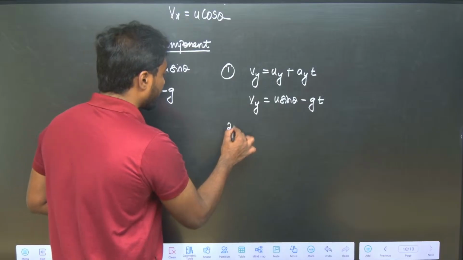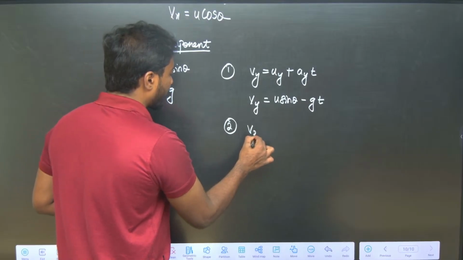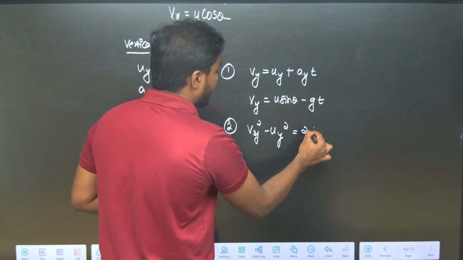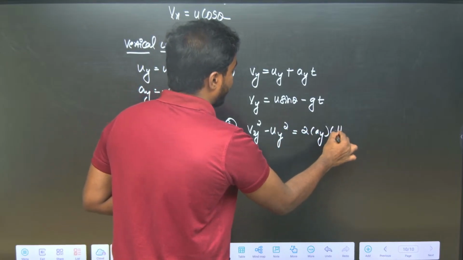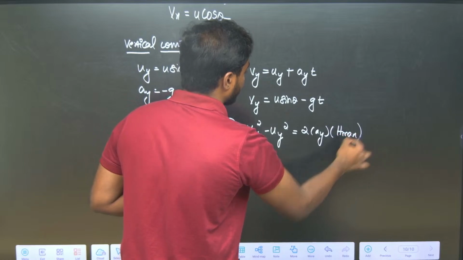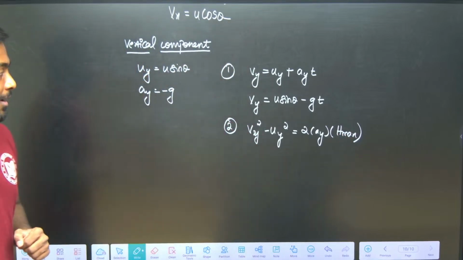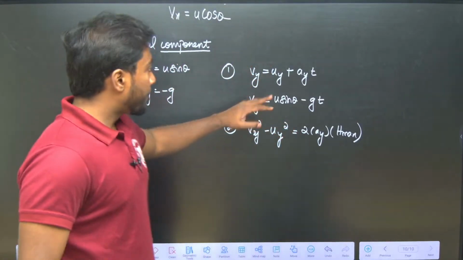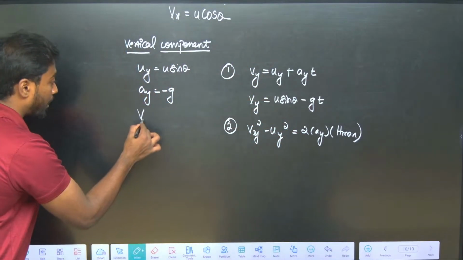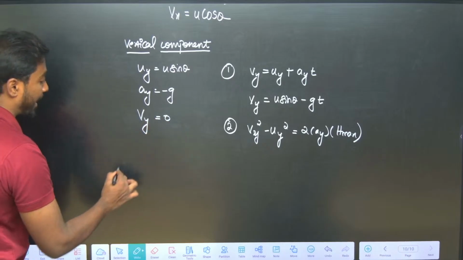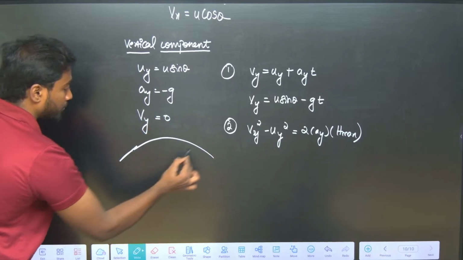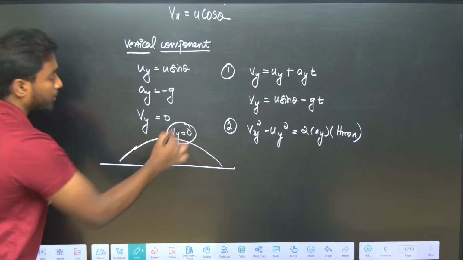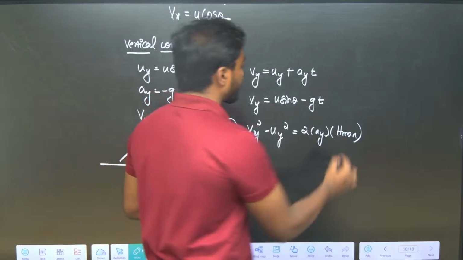Second one, v square minus u square is equal to 2as, that is vy square minus uy square is equal to 2 into ay into h max. See guys, remember, now the first equation we got, but the thing is vy will be equal to 0 because it's reaching the maximum height, right? So can I get the answer from here?